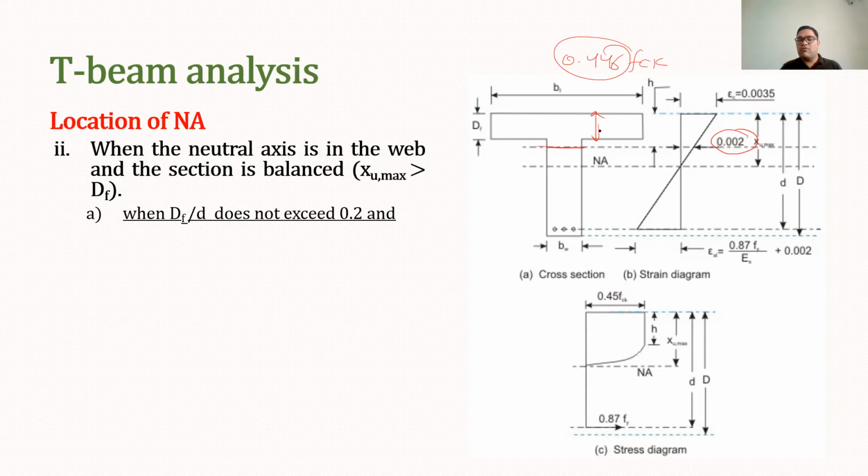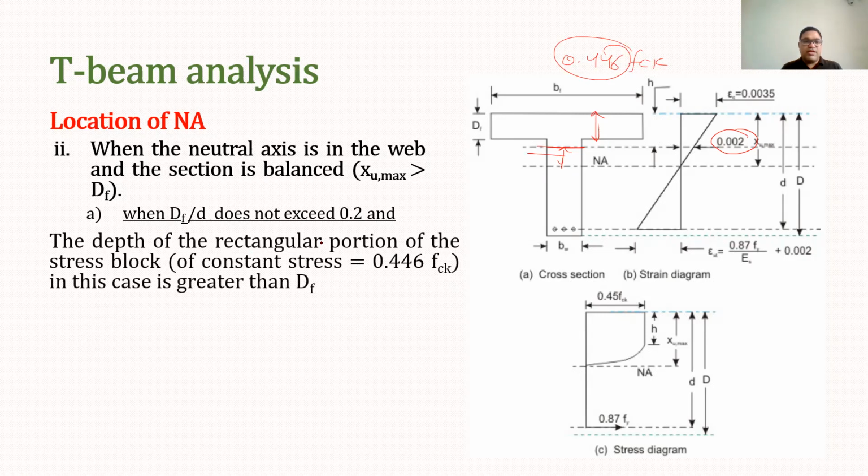So the whole flange will be under constant stress, while the part of web will be under constant stress, and the remaining part, this one, will be under varying stress. In this case, the depth of the rectangular portion of the stress block of constant stress, this rectangular block of height h, will be greater than Df, which means the whole Df will be under constant stress.